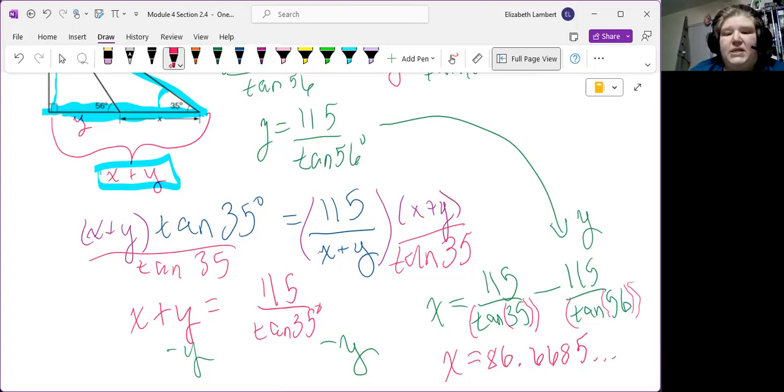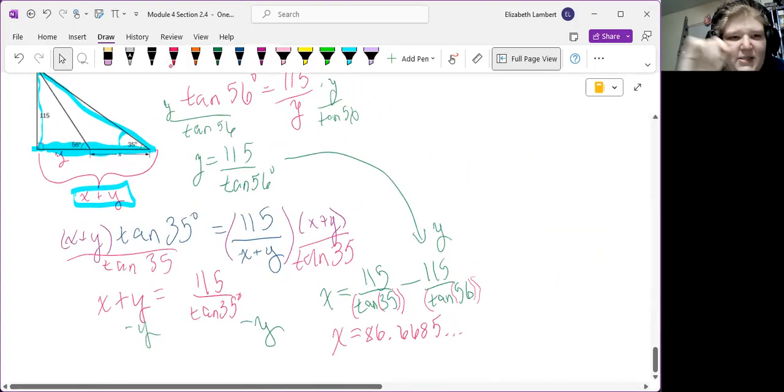So we got 86.6685. That's what x measures. I have no earthly idea what y measures or what x plus y is, because they wanted x, I solved for x. This is mathematician being very, I did what you asked. I did not do more.